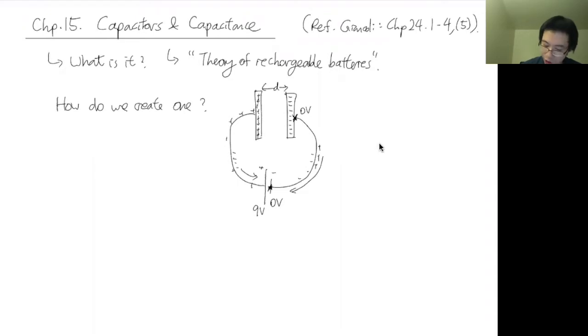All right, so how much charge? Let's say you have stored plus Q amount of charge on this side. How much charge do you think you can attract over here? From the symmetry of the problem, you would guess that there must be negative Q, right? Because if this is positive Q, it couldn't really attract more than negative Q on this side, and vice versa.